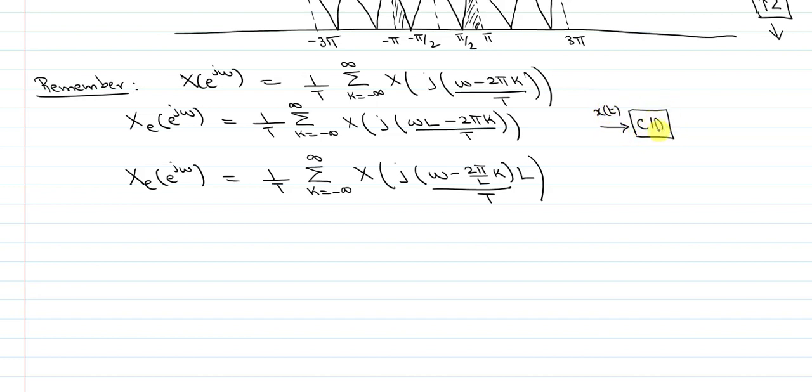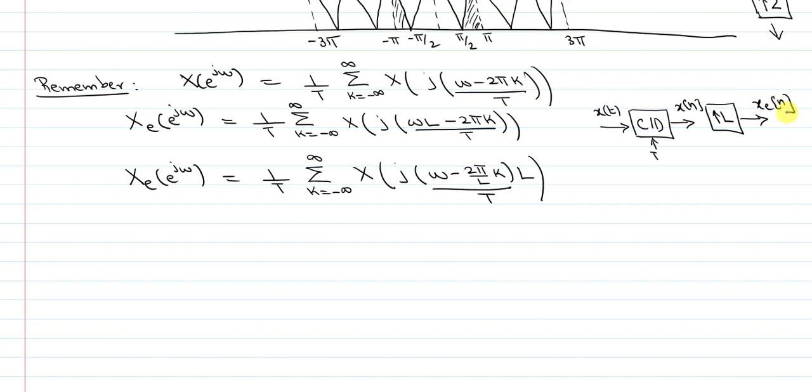Okay. So when we have this expression, we started with x(t). We did a continuous to discrete conversion with time period T to get x[n]. And then we upsample it by a factor of L to get x_e[n].